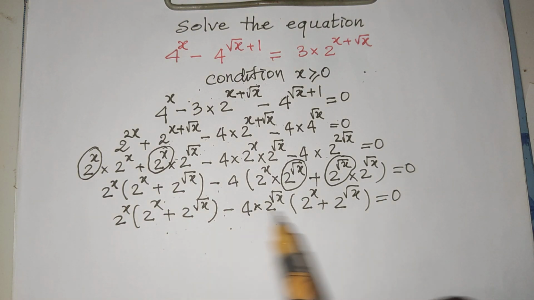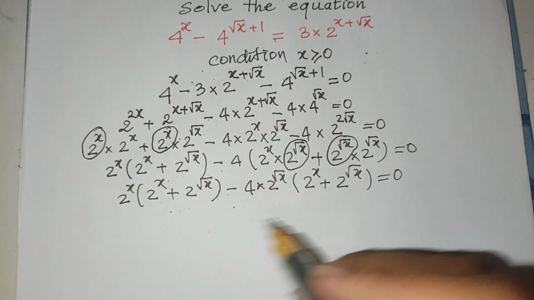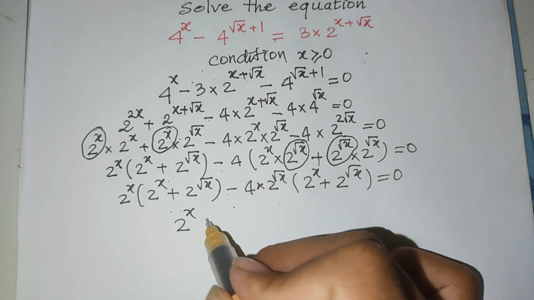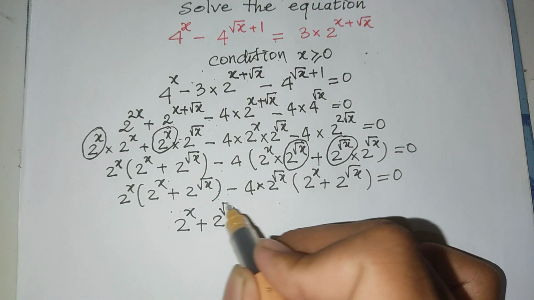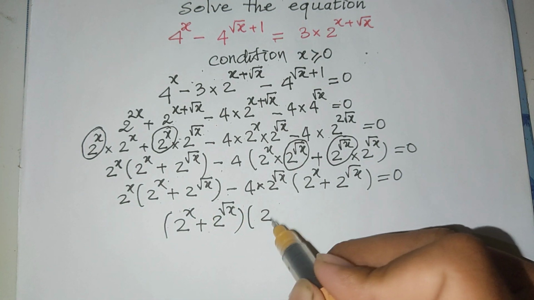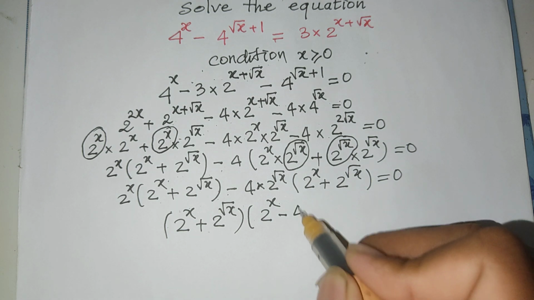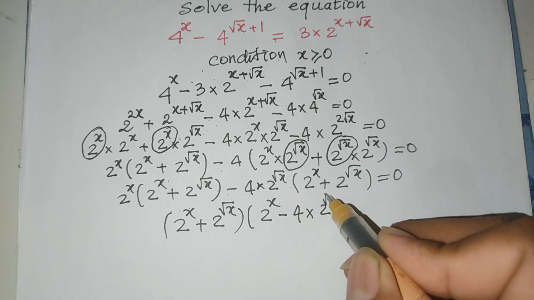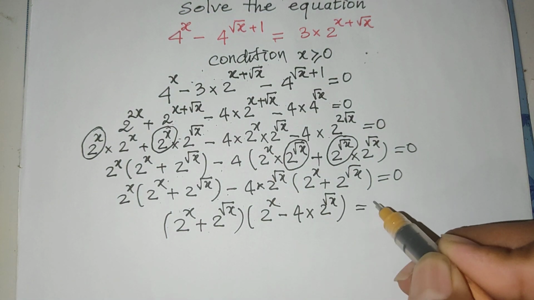We see it is the same, so we can take it out as a factor. So we get 2^x plus 2^√x multiplied by 2^x minus 4 multiplied by 2^√x equals 0.